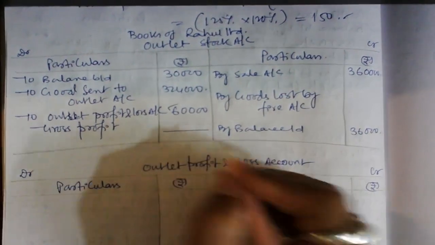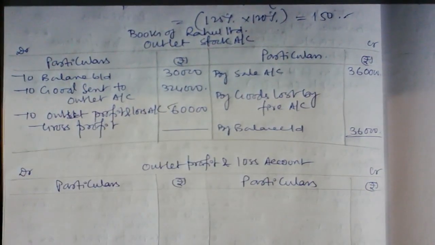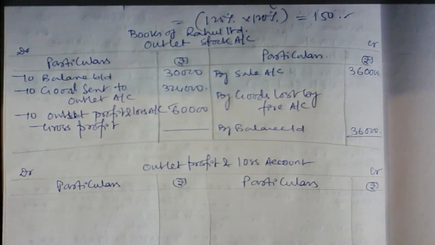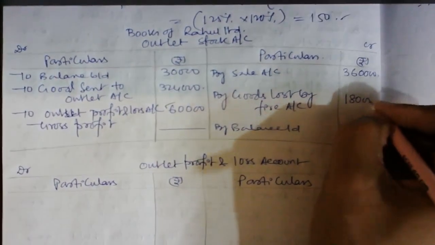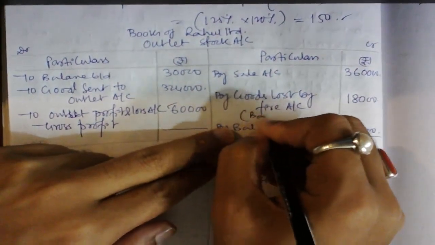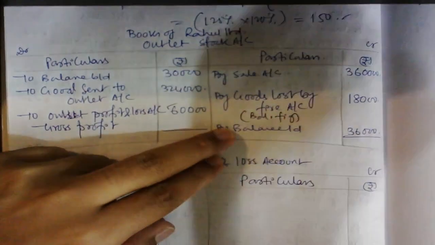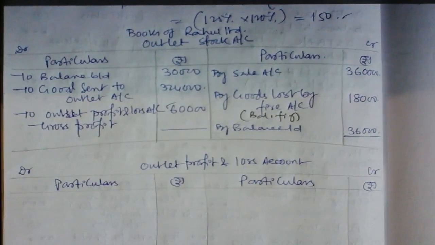Now just calculate. 30,000 plus 3,24,000 plus 60,000 minus 3,60,000 minus 36,000. So I got an amount of 18,000. This is the balancing figure. So goods lost by fire is a balancing figure. It is calculated already. So plot it.